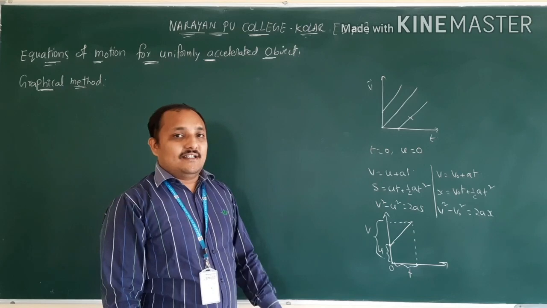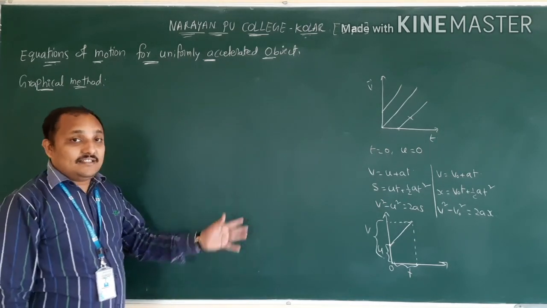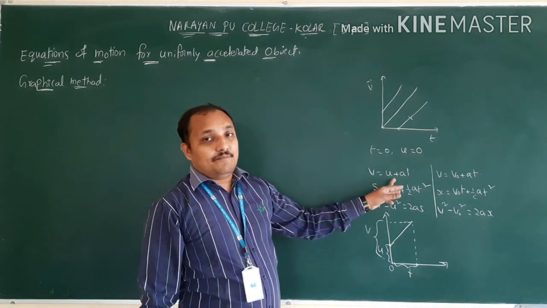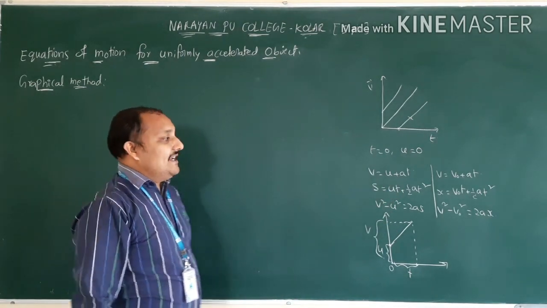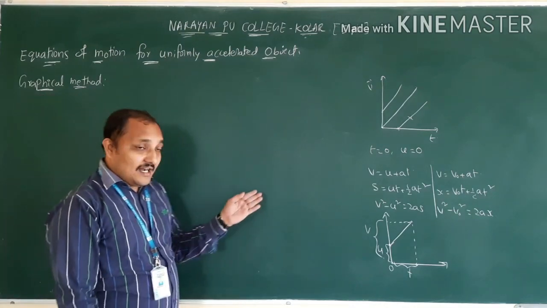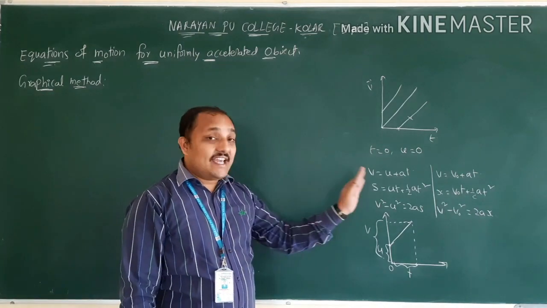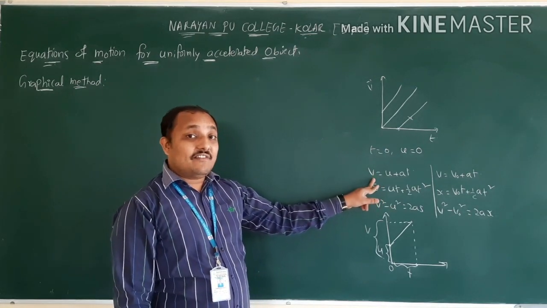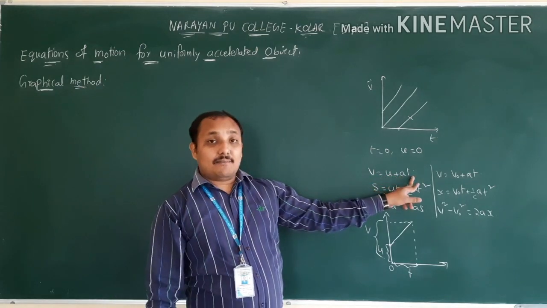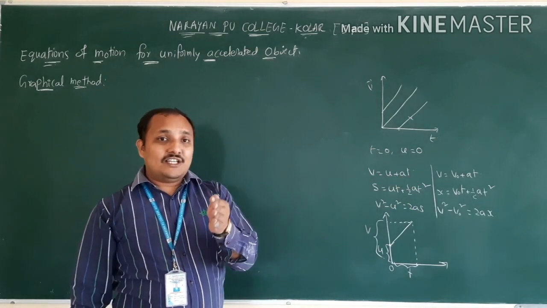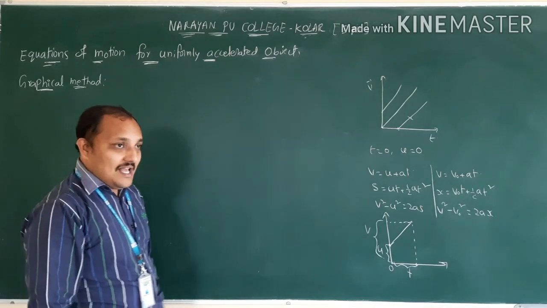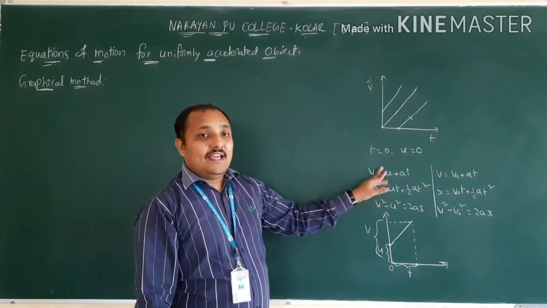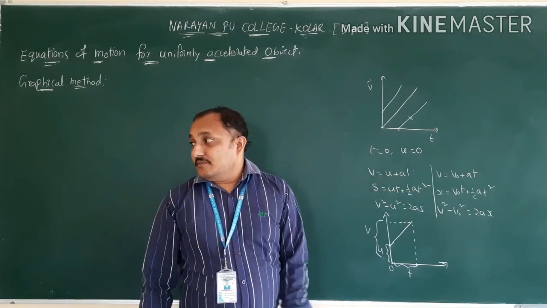What do we have to consider? Let us consider an object is moving with initial velocity u, and it is gaining final velocity v in some amount of time interval t.